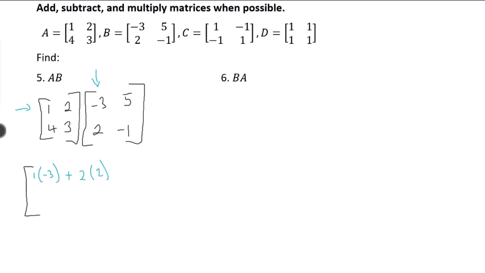All right. Then we look at row 1 with column 2, and that will go in row 1, column 2. So that is 1 times 5 plus 2 times -1.